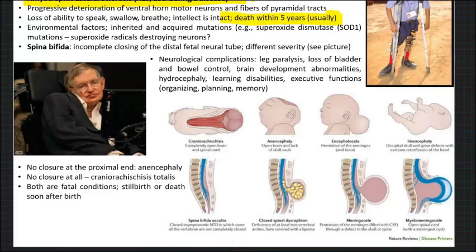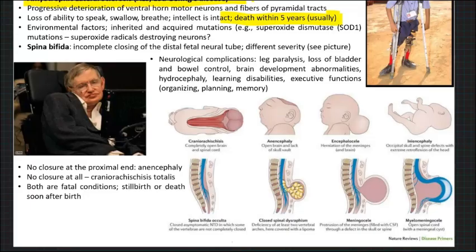Now, another condition that is a spinal cord abnormality, I find it fascinating, is the improper development of the neural tube. When we are embryos and our organ systems start to develop, they develop as a neural tube.